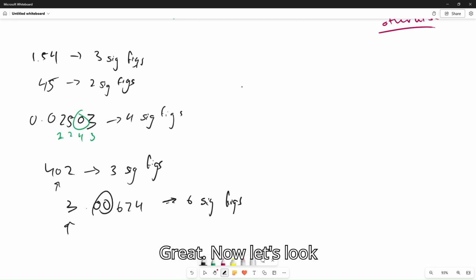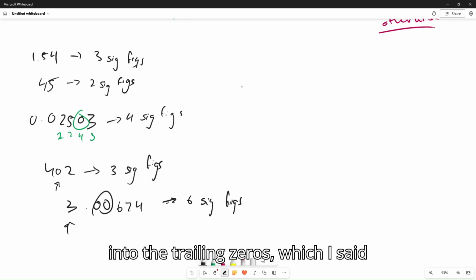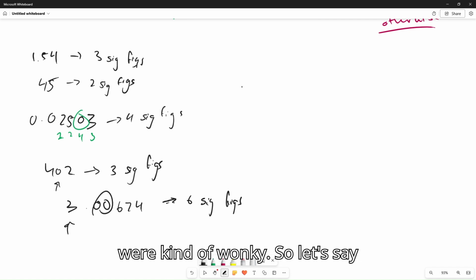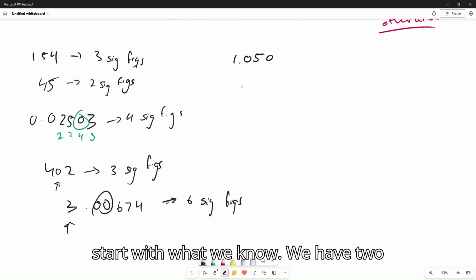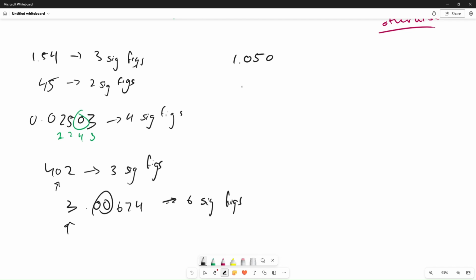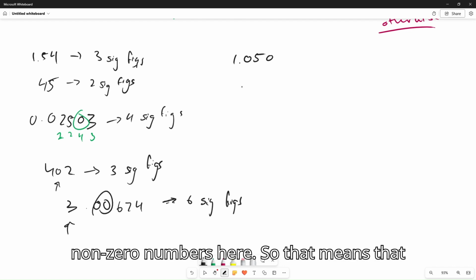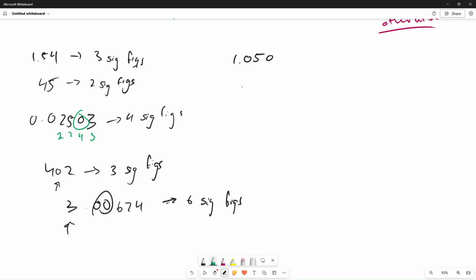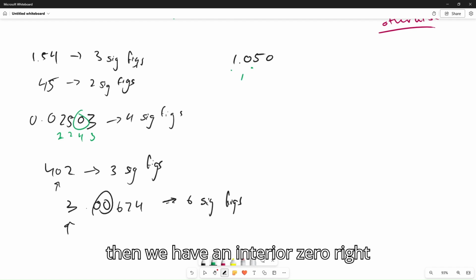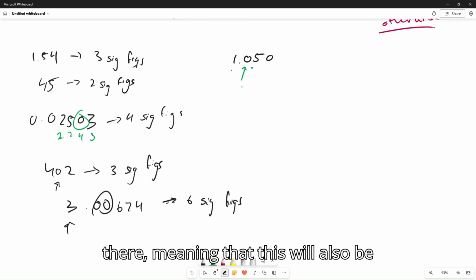Great. Now let's look into the trailing zeros, which I said were kind of wonky. So let's say we have 1.050. Let's start with what we know. We have 2 non-zero numbers here, so there will be 2 sig figs contributed by the 1 and the 5. And then we have an interior zero right there, meaning that this will also be counted.